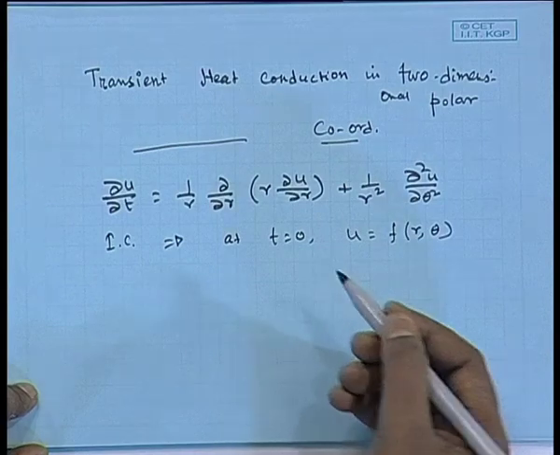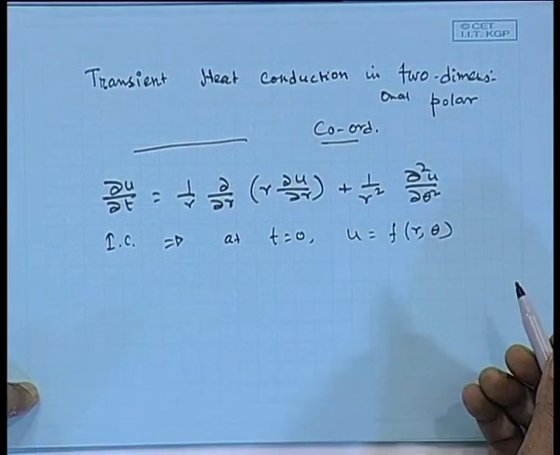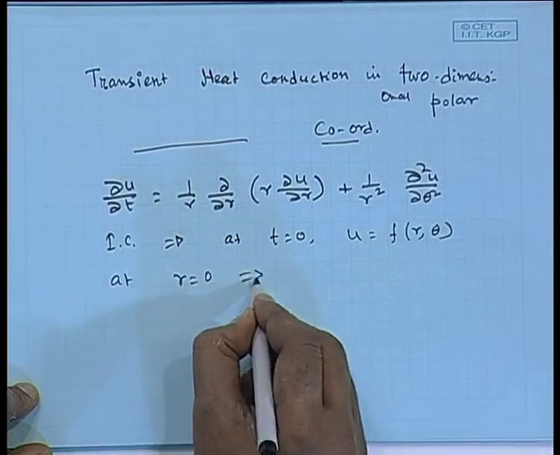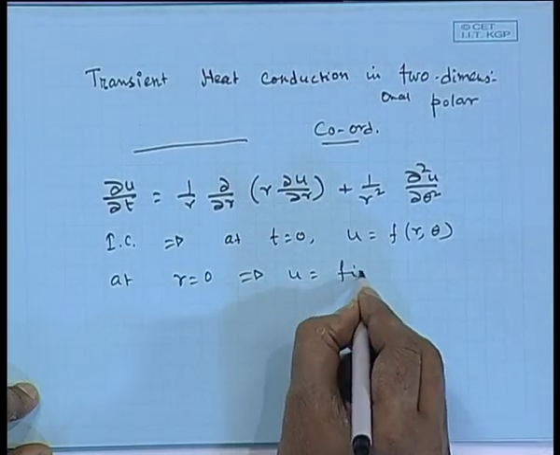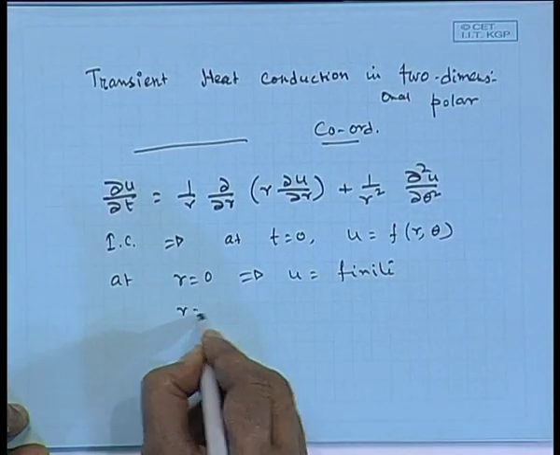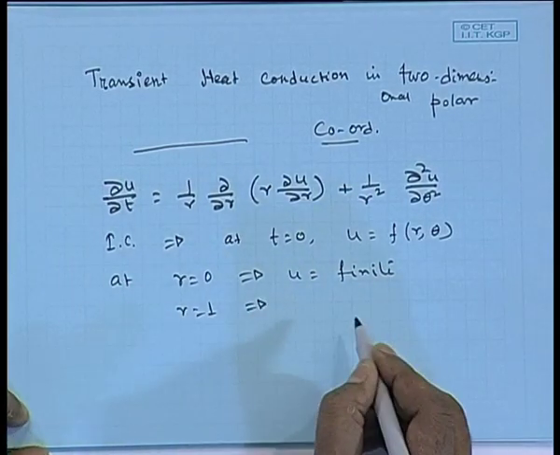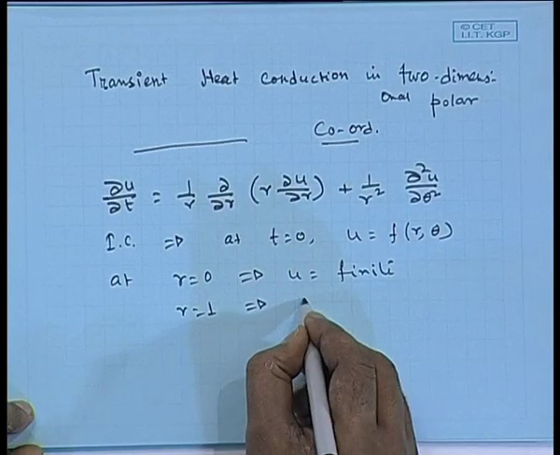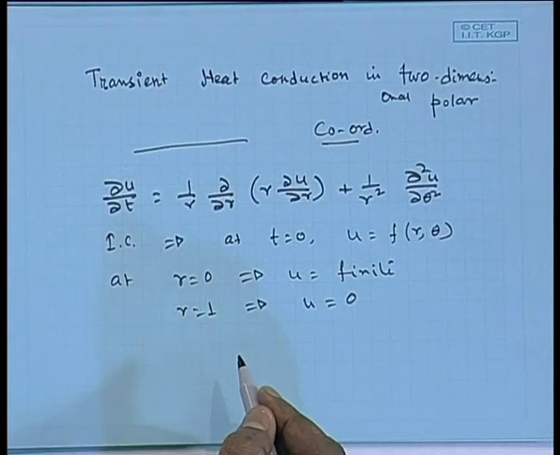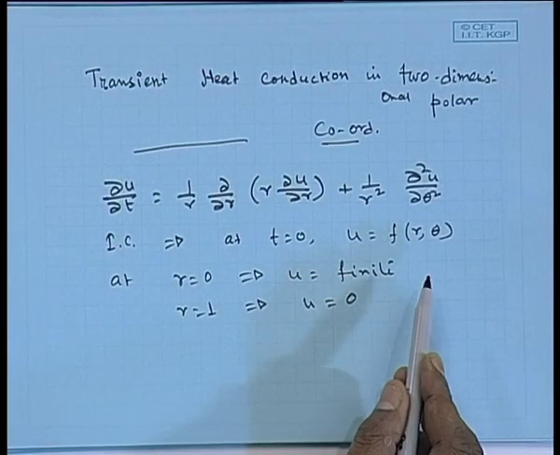Prescribed function, whatever the form, it will be a prescribed form, and at r equal to 0, that is at the central line, u is finite, the physical boundary condition that we have just discussed. At r equal to 1, let us say it is a constant temperature condition, so u is equal to 0. Okay.